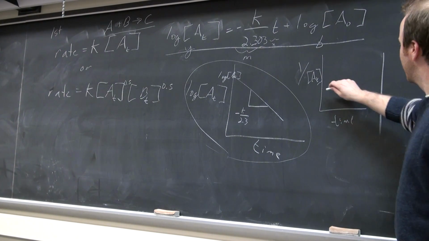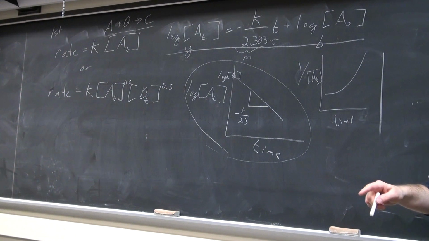One was straight, and one was curved. Because we're using this linearization technique, the only one that fits this equation, because this is a line, is the one that works. So that's how you decide between first order and second order.